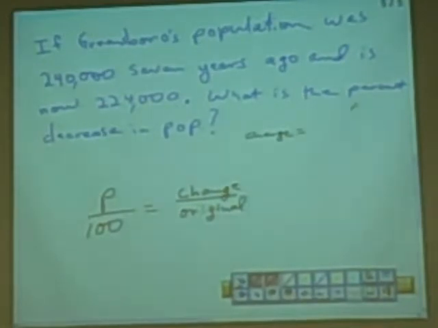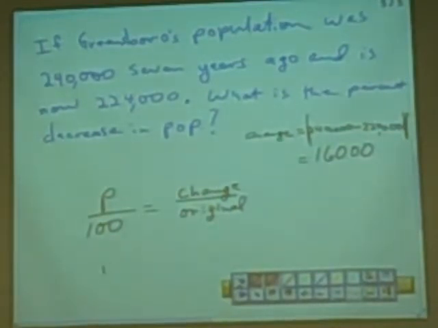How are we going to figure that out? Subtract, right? 240,000 minus 22,400. Since it's absolute value, you could have done it that way and still got a positive answer from that. So there's our absolute value signs here. And we get our change is how much? 16,000, right?